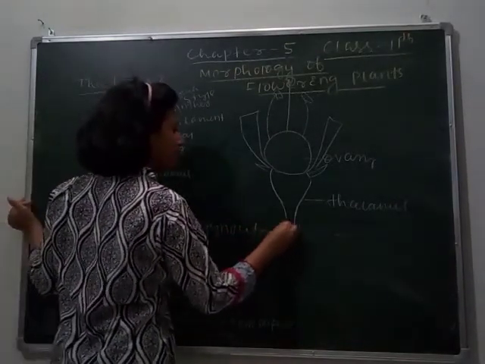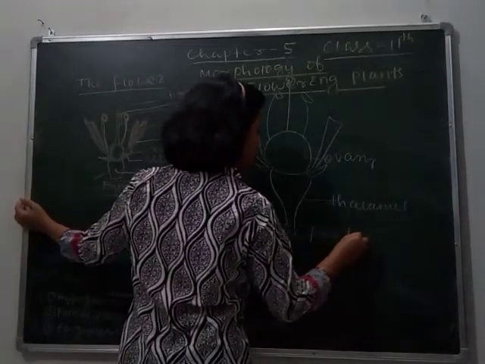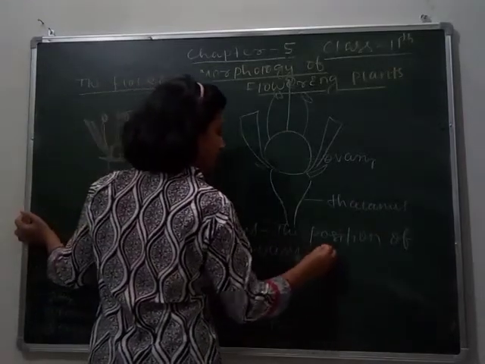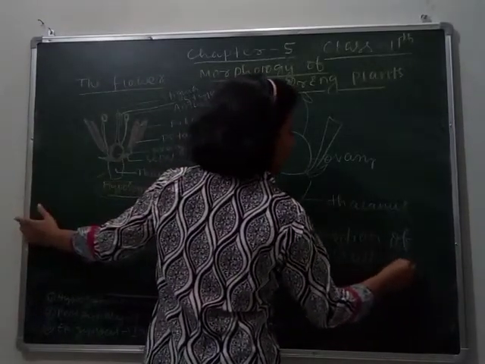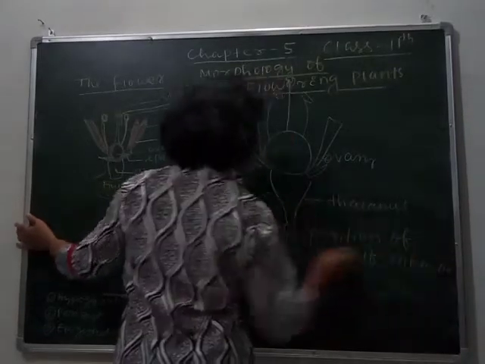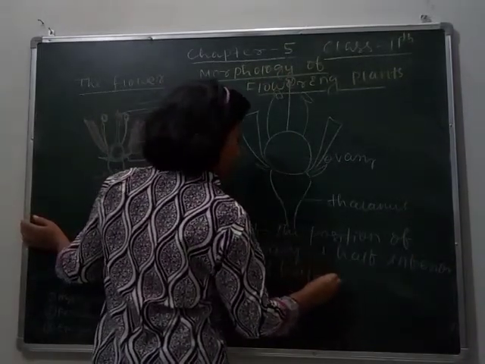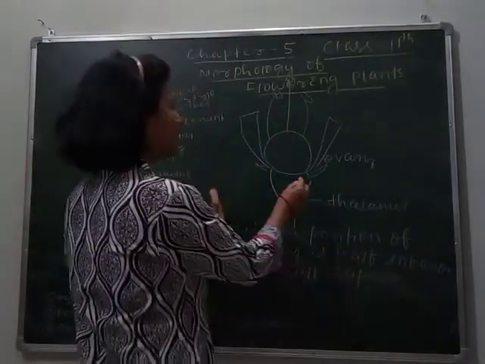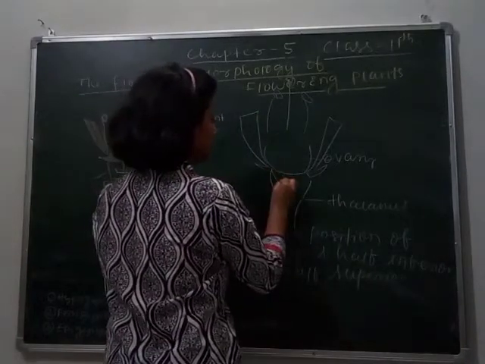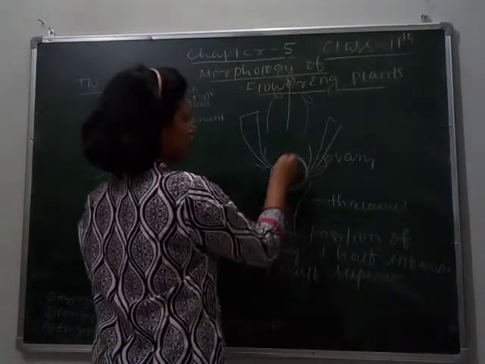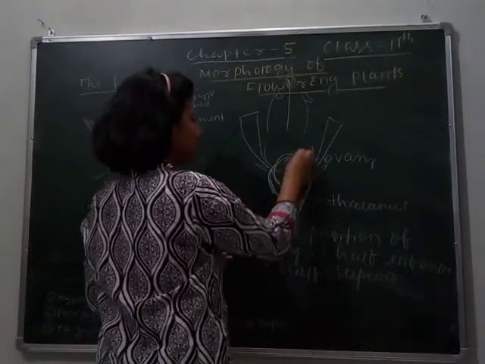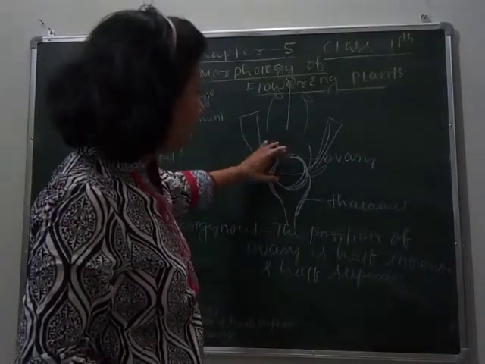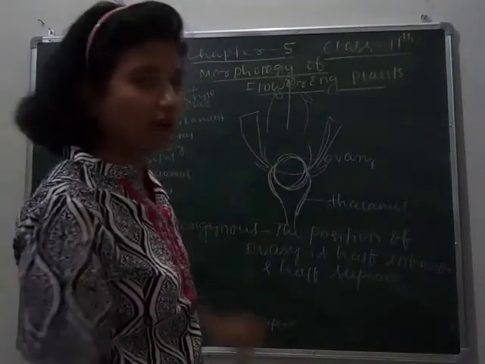So here the ovary will come like this. This is thalamus, this is ovary, and the floral appendages come from the middle of the ovary. This type of arrangement is called perigynous.